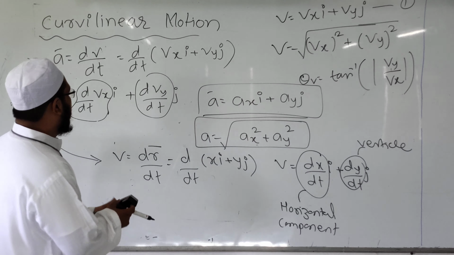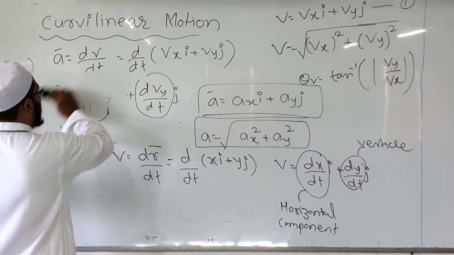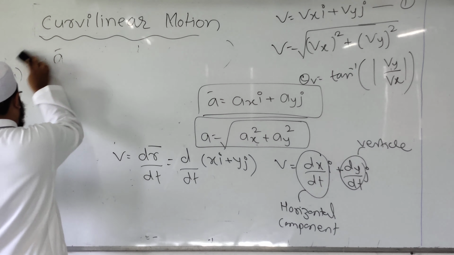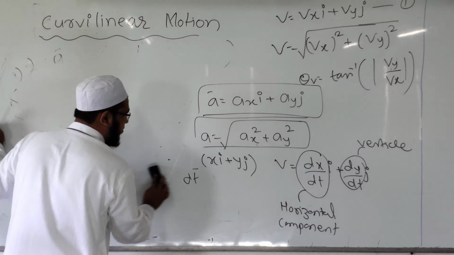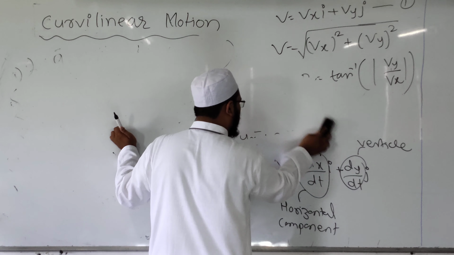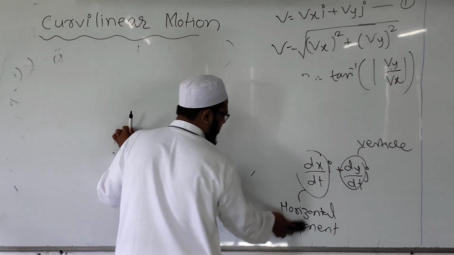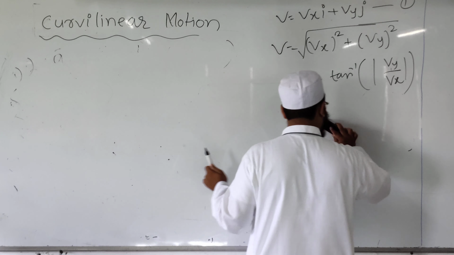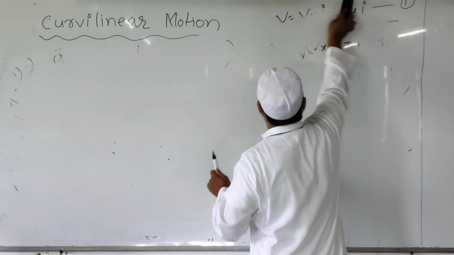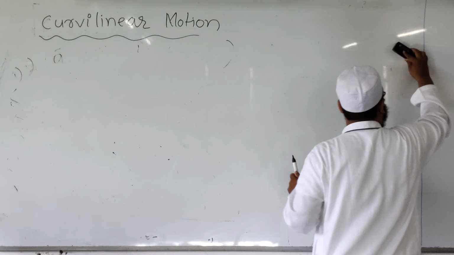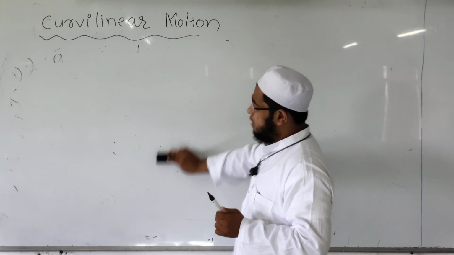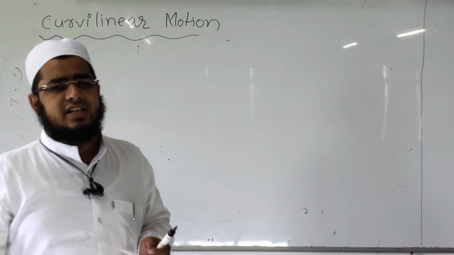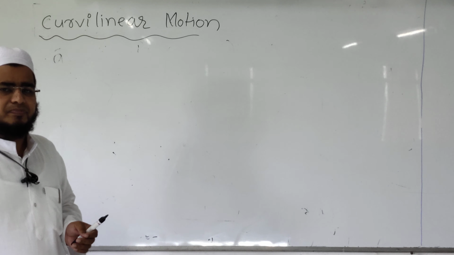Depending upon the conditions given in the problem statement, we have to consider the formula and accordingly apply it. It is very simple. If acceleration is given in the horizontal and vertical direction, either in one direction or two directions, and velocity needs to be found, then for finding the velocity, I will integrate the equation of acceleration.